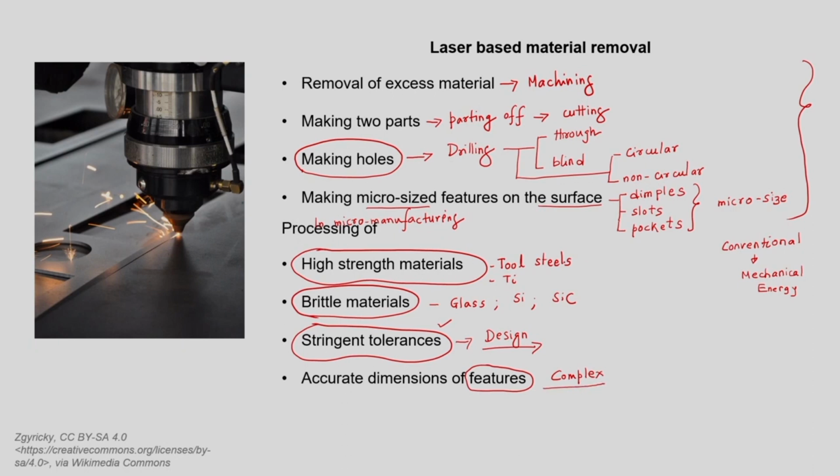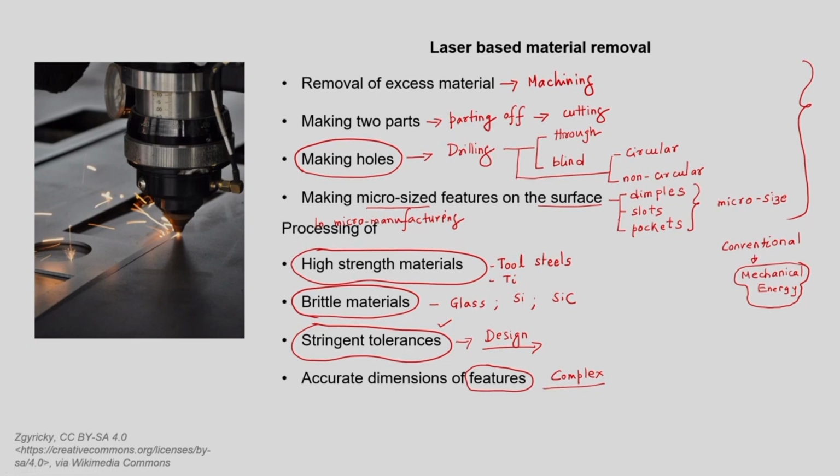So, when we talk about generation of complex features with stringent tolerances on brittle materials or high strength materials, the mechanical energy or tool based manufacturing processes are not sufficient.